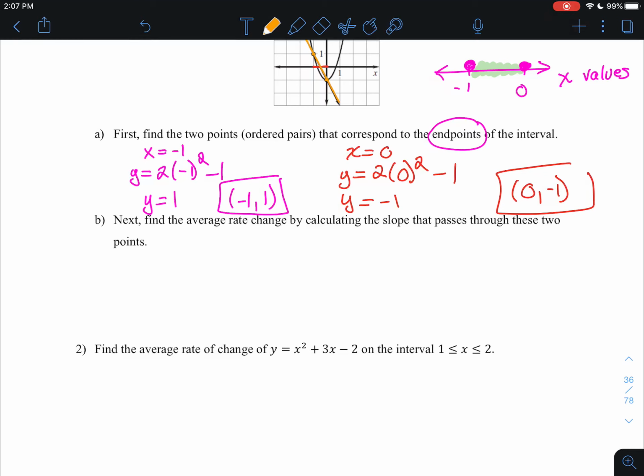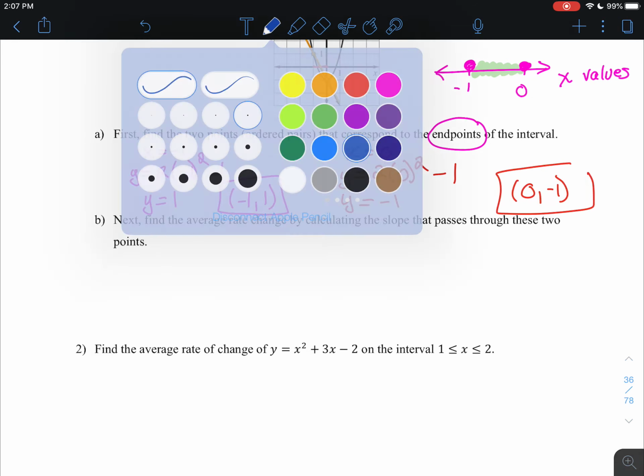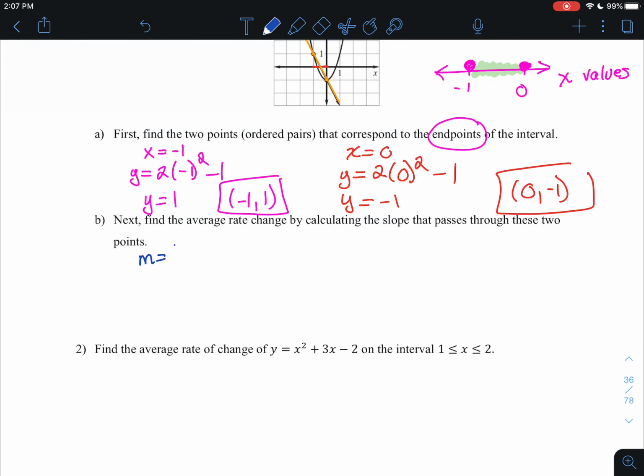So we have our slope formula. m equals y2 minus y1 over x2 minus x1. It doesn't matter which one is x1, y1 and x2, y2, so long as you're consistent.